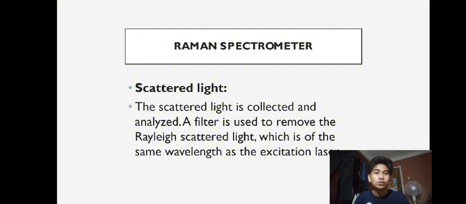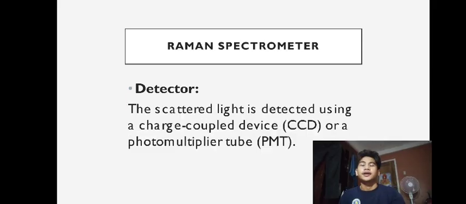A filter is used to remove the Rayleigh scattered light, which is of the same wavelength as the excitation laser. And similar to the infrared, we have the detector. The scattered light is detected using a charge coupled device or photomultiplier tube.